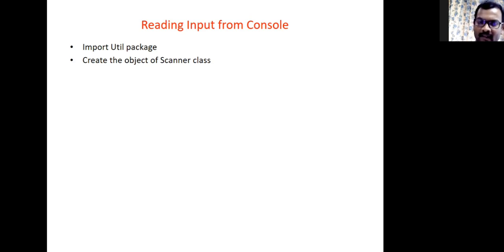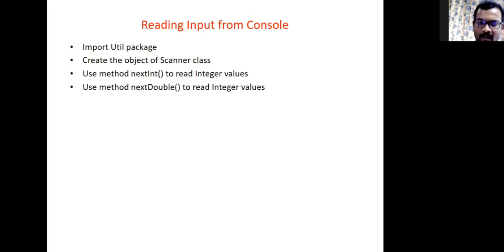Scanner is one class which is available in the util package. Once we create the Scanner object, by using that object you can access the methods in that Scanner class. Next is the method to read integer values from the keyboard. Similarly, nextDouble is the method used to read double type values. Sorry, here I kept this one as integer values, but it is for double type values.